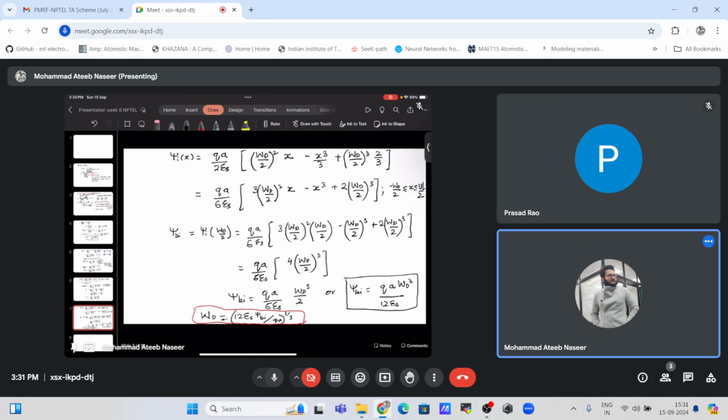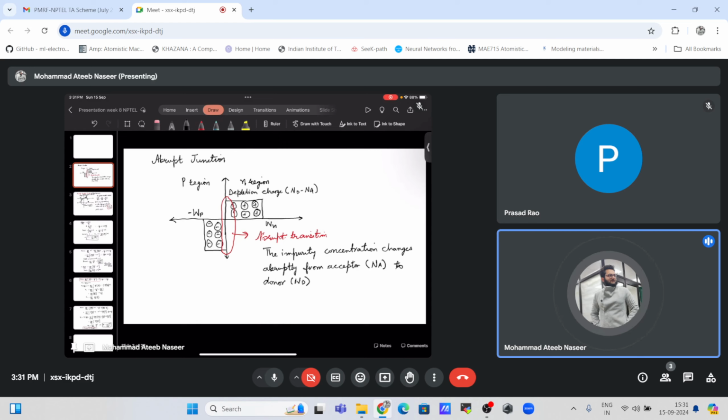So what we have been able to achieve is the following. For an abrupt PN junction, when we are transitioning the impurity concentration from the acceptor to the donor, this is not physically possible in physical devices.